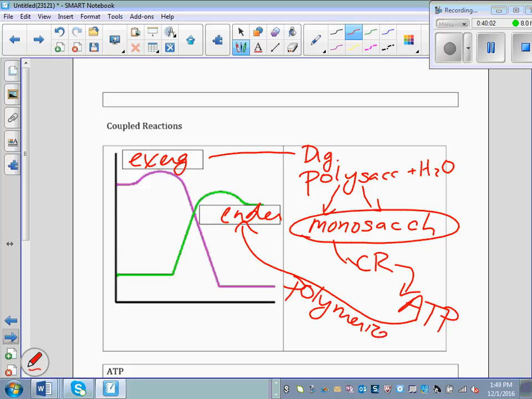Polymerization. None of you can photosynthesize, I'm sorry to tell you. Does this make sense what I'm saying here? Now, this energy that's being released from exergonic reactions powers the endergonic. How does endergonic relate to exergonic?